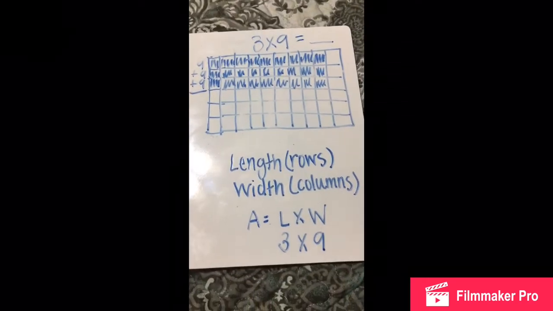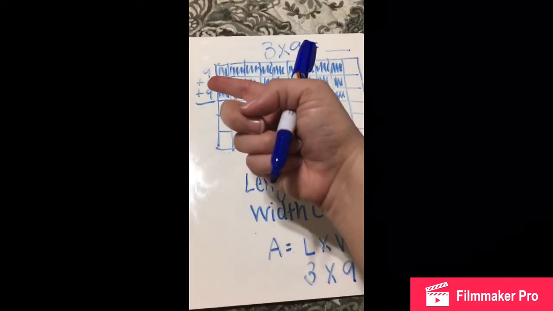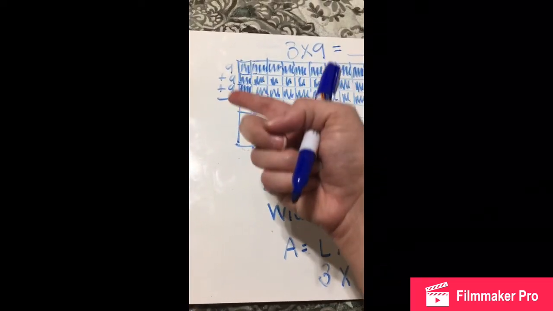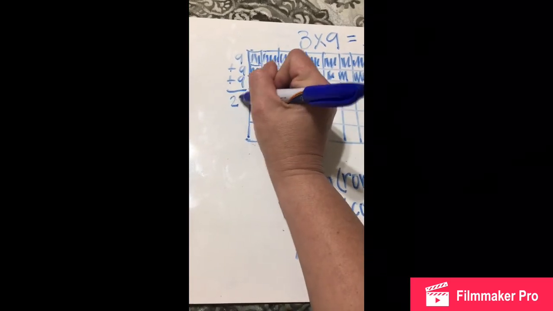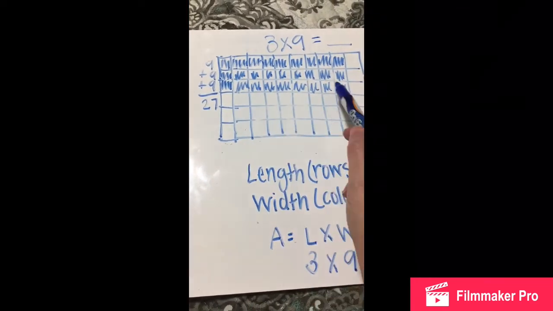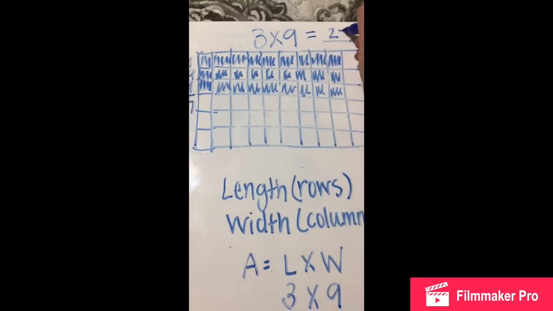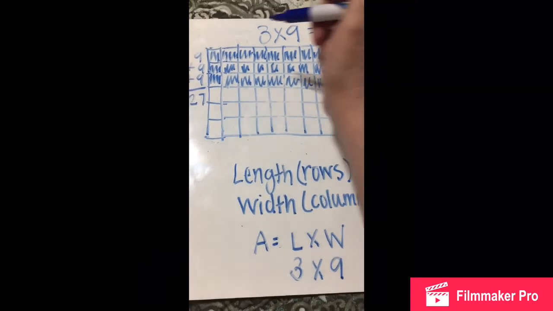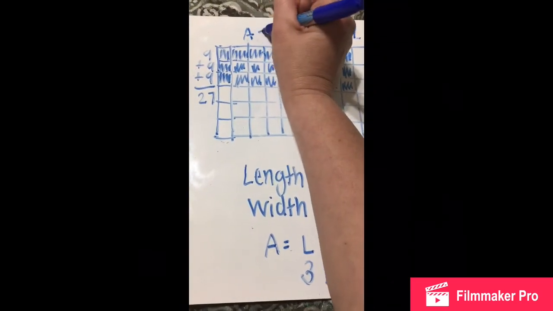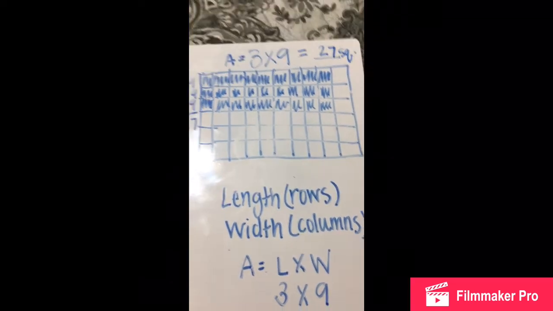So any of those strategies will work on this. I know 9 plus 9 is 18, and 18 plus 9 is 27. But you would have got that same answer if you would have counted all these square units. So 3 times 9 is 27. So my area equals 27 square units.